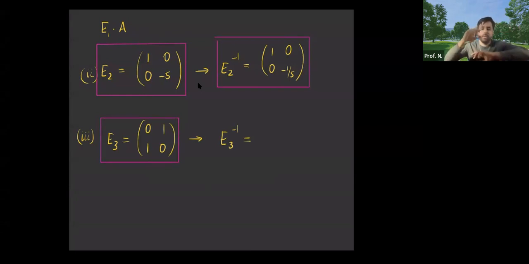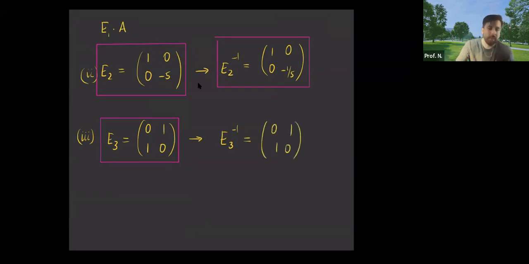The inverse, whatever that means, has to result in the original state. So if I took a matrix in original state, switched it from 1 to 2, 2 to 1, and I want to reverse it to the original state, what do I have to do? Oh, exactly. I just apply the matrix again. So this is a special matrix where the inverse is itself. So the inverse here is 0, 1, 1, 0.